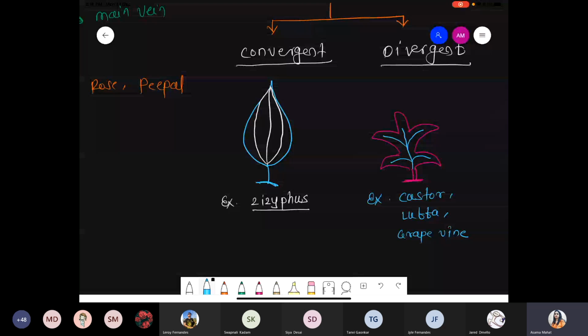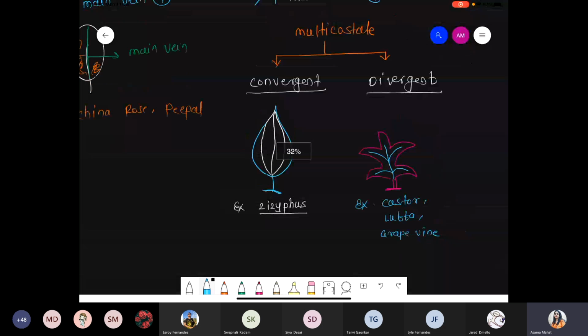So all this is the information on reticulate venation, with its types and examples. Again, I'm telling you, whatever the types are, a simple straightforward question will come, so whatever examples are given in NCERT, you have to remember only those examples.